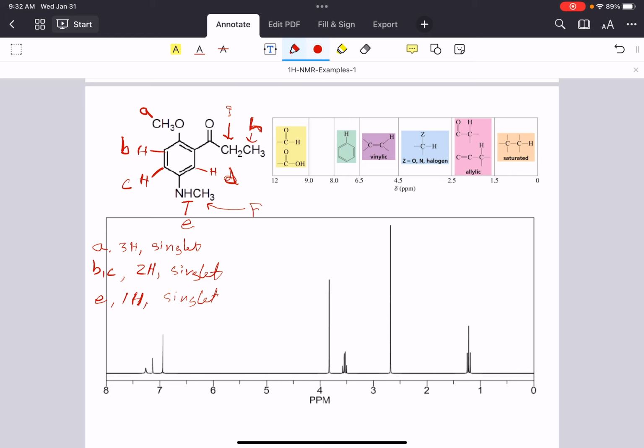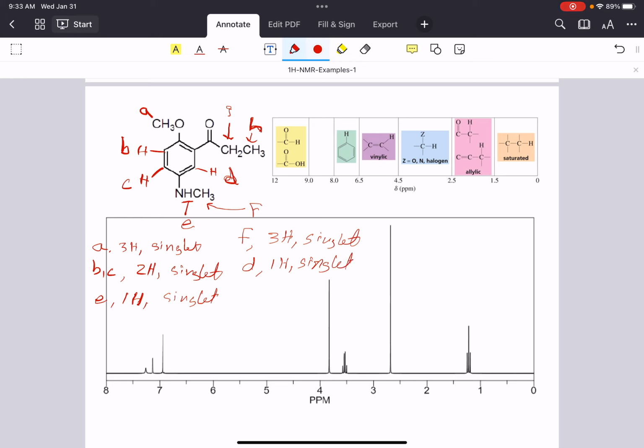Okay. F, again, because that other neighbor on nitrogen gets exchanged, F is going to show up as a 3-hydrogen methyl group as a singlet as well. D has no hydrogen neighbors, and so that should integrate to one hydrogen and show up as a singlet.